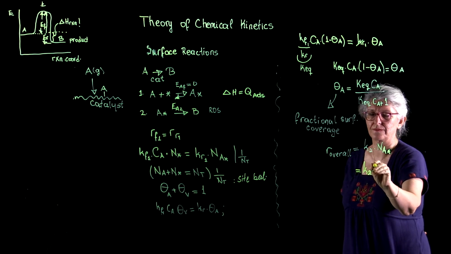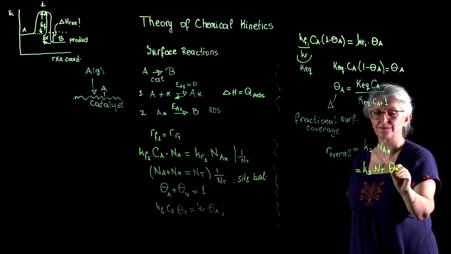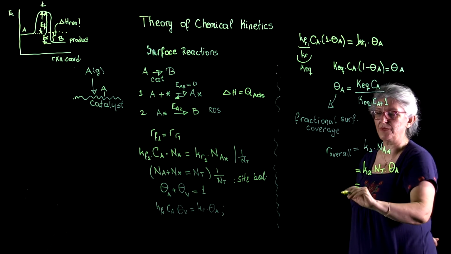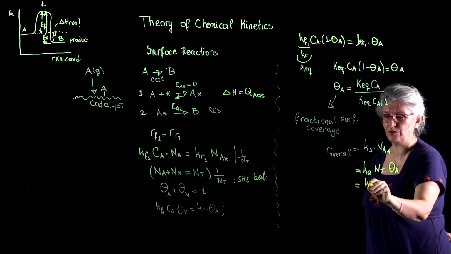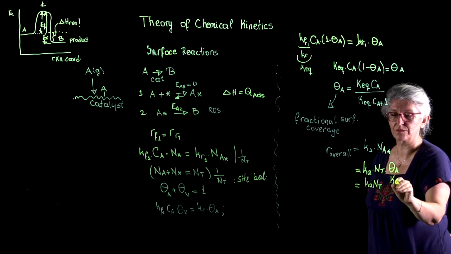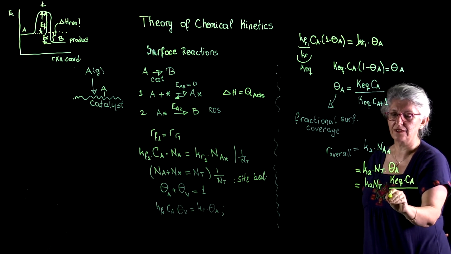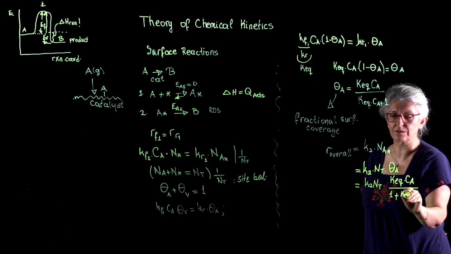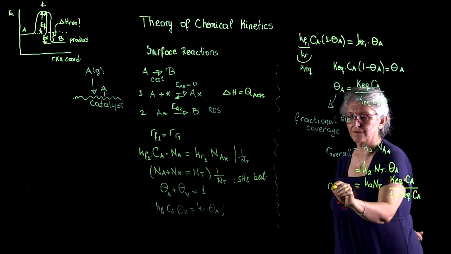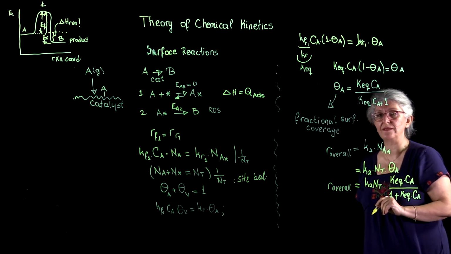So k2 N total times theta A. And we derived theta A in terms of the concentration of species A. So we have k2 N total times K equilibrium times C A divided by 1 plus K equilibrium times C A. Now this is our rate.